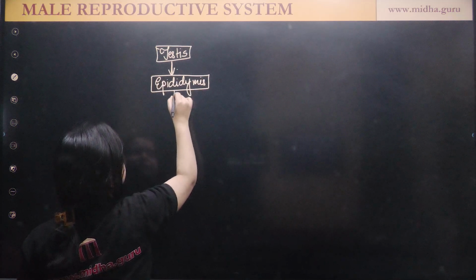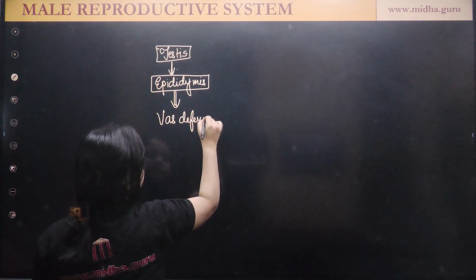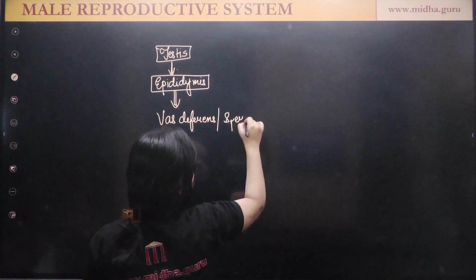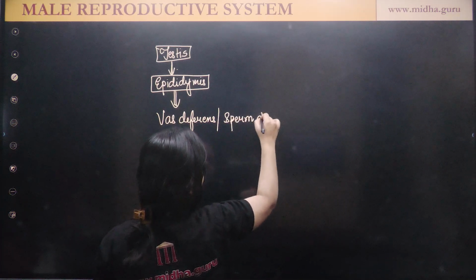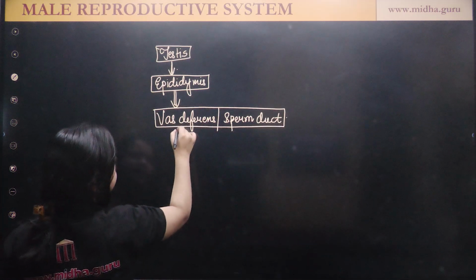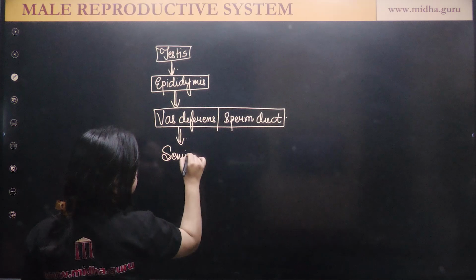Then we have this vas deferens, which is commonly called sperm duct. Now next we have the three seminal glands, that is the seminal vesicle.